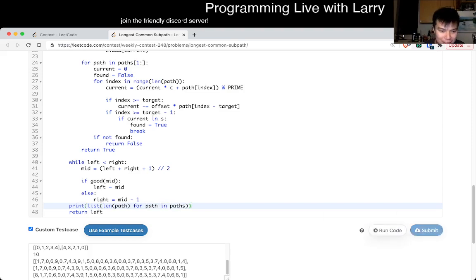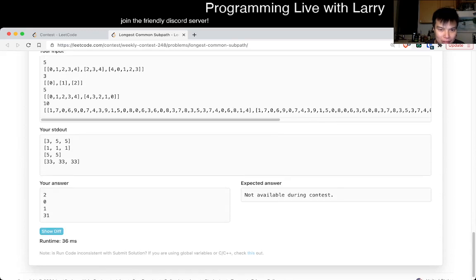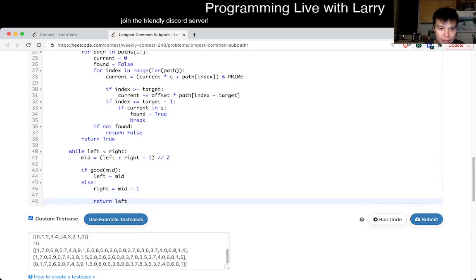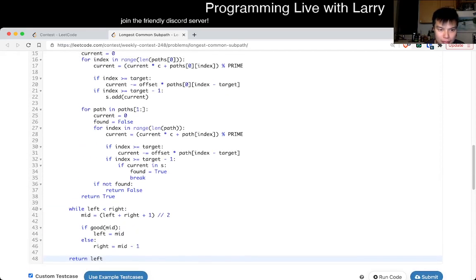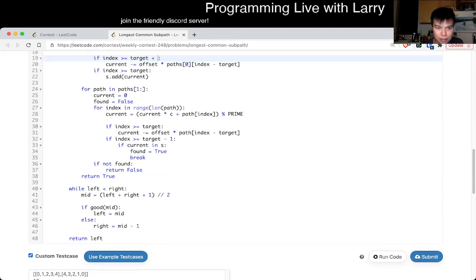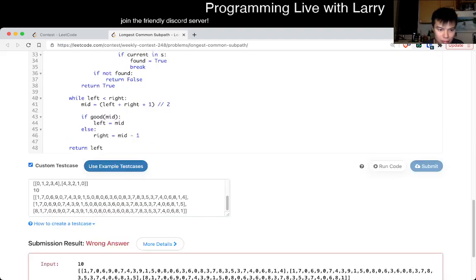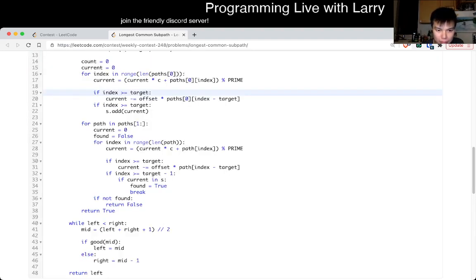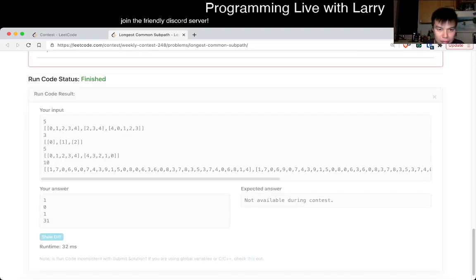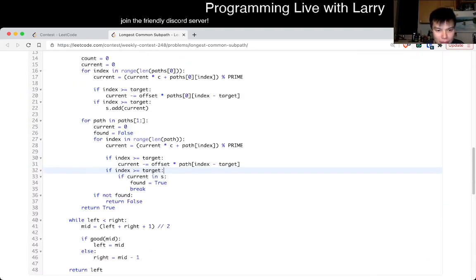This debugging sucks in the last moment. Wait. So why not? Did I mess this up? How can this be wrong?